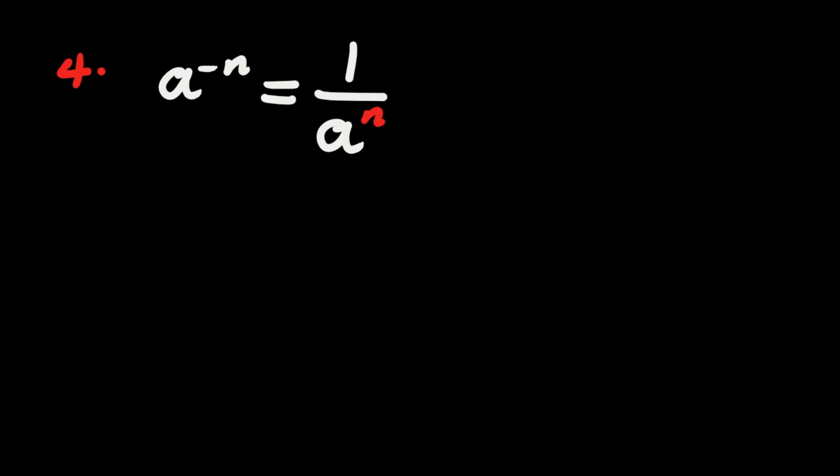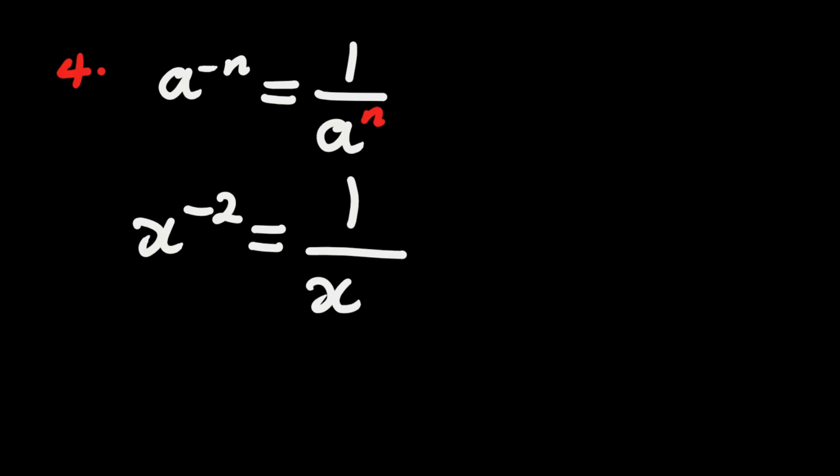Let's take a few examples to help you understand. Our first example says x to the power of negative 2. According to the law, this should be equal to 1 over x to the power of 2, not a negative 2. Let's take another example.